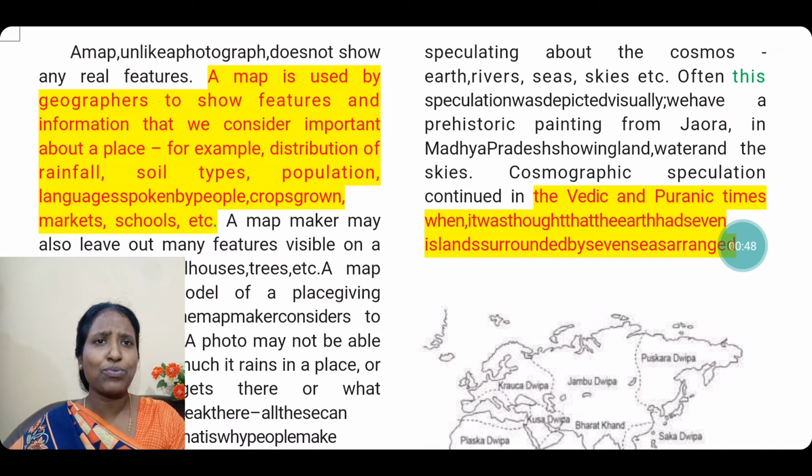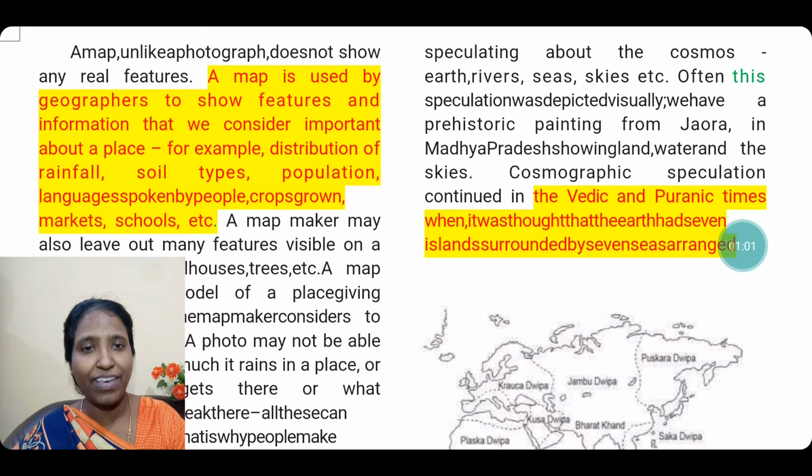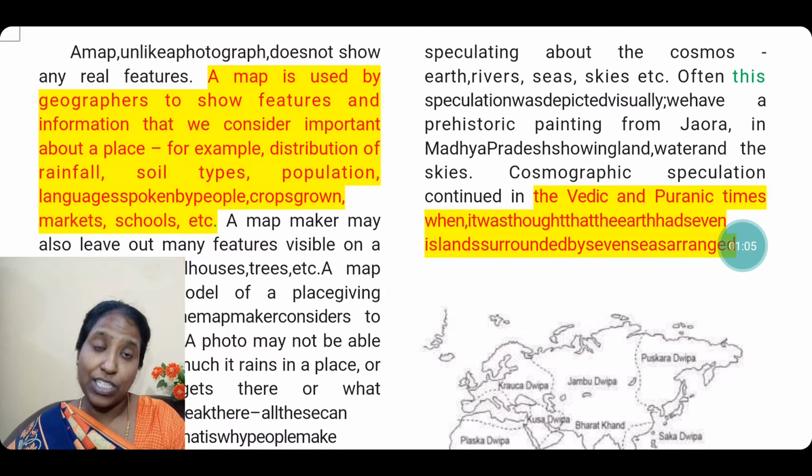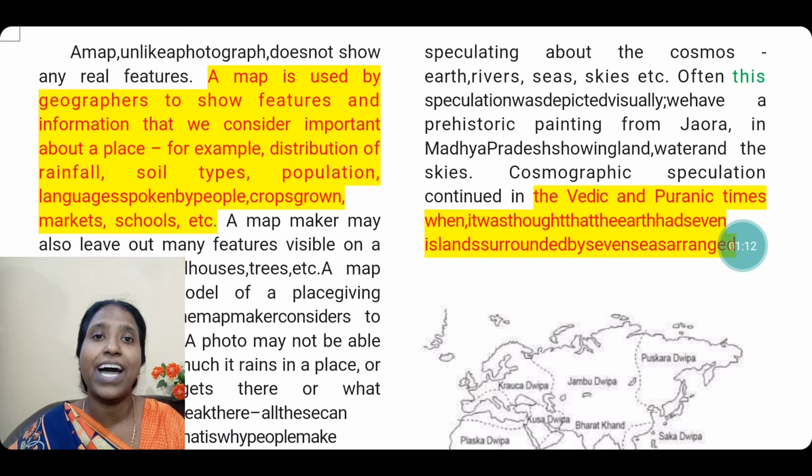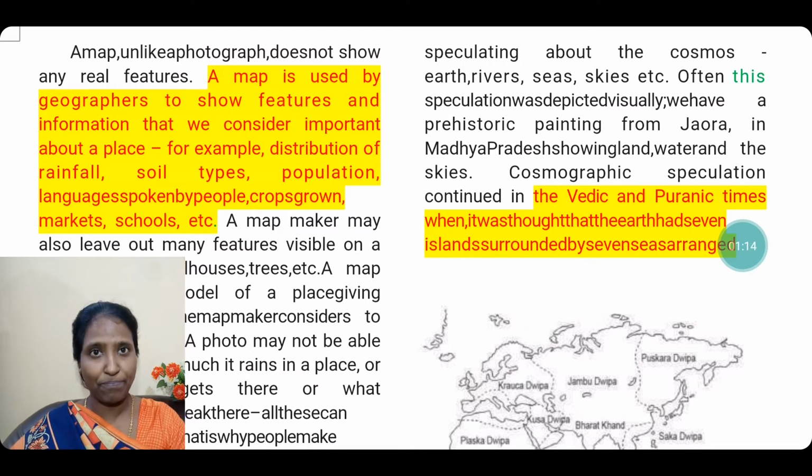Why is a map used? Yes, a map is used by geographers to show features and information about what we consider important about that place. Whatever necessary information we ought to convey, according to that the maps are made. For example, distribution of rainfall, whether the rainfall is scanty, moderate, or high, all those are shown in the map.